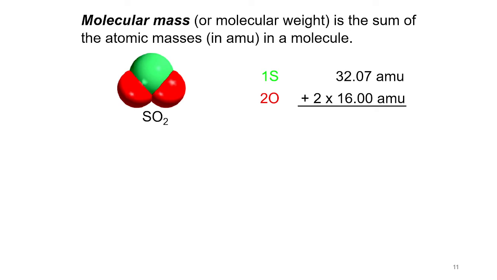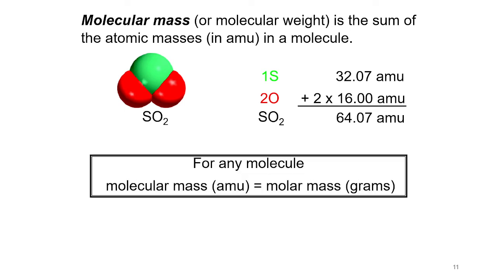So we have 32.07 plus 32, which is 64.07. The molecular mass of sulfur dioxide will be 64.07 atomic mass units.